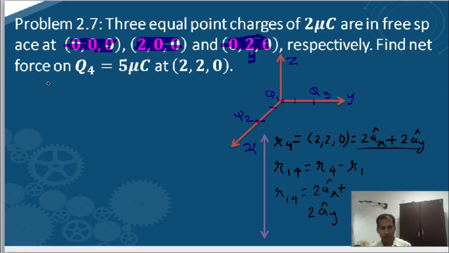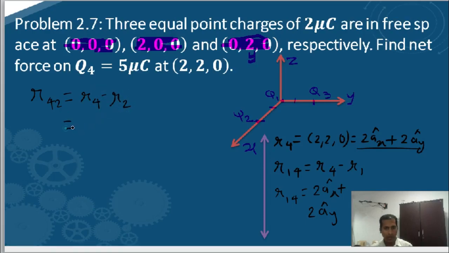Now the next one we will calculate is the force from point 2 to point 4, say R42. Again we will do the same: destination point minus source point.